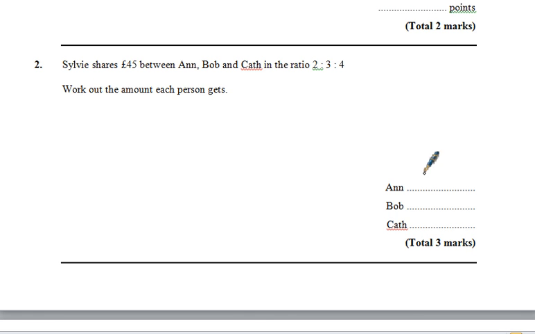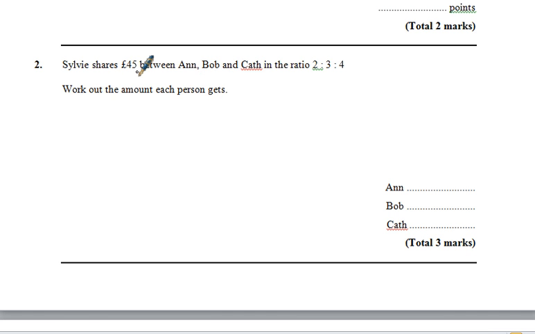So you need to figure out how much money every person gets if 45 pounds is divided in this ratio. So 45 pounds has to be divided between 3 people in this ratio. So Anne would get 2 parts, Bob will get 3 parts, and Cuthbert will get 4 parts.